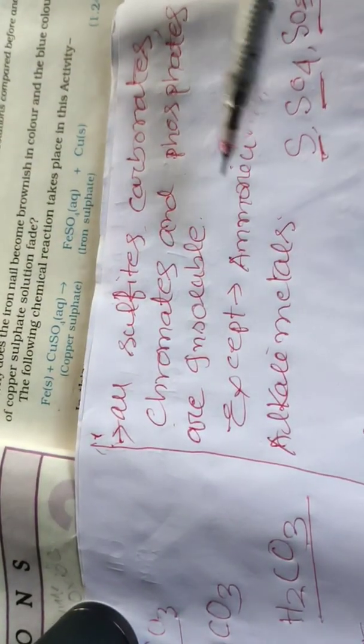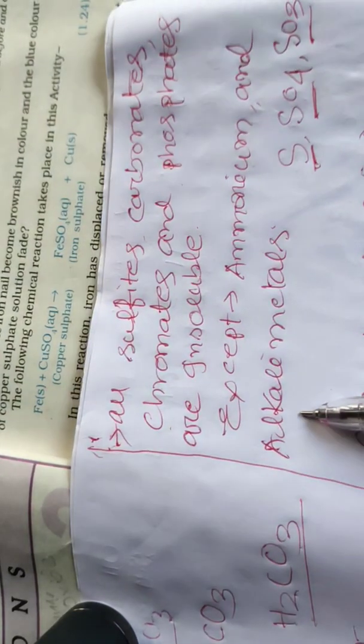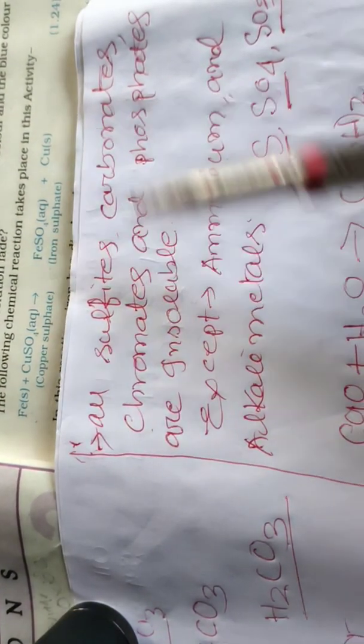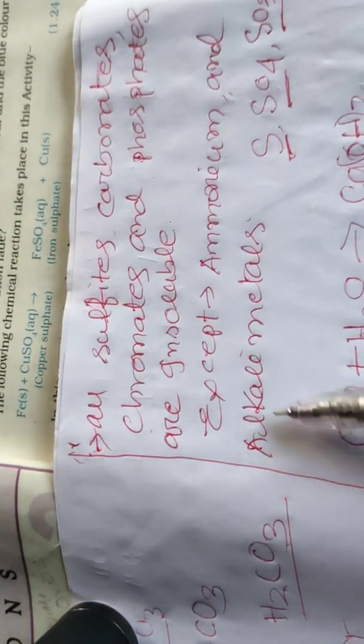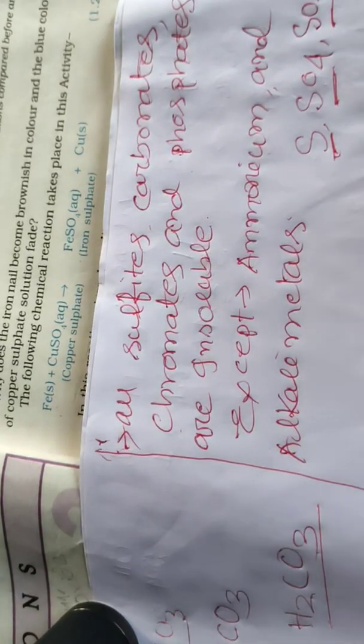So if it is sulfides, carbonates, chromates, or phosphates of alkali metals, that is the elements of the first group, then it will be soluble, that is, it will not precipitate from the solution.